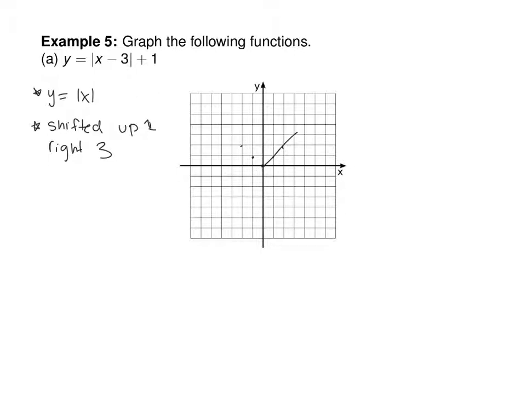You don't have to, but I think it's useful. So there is the parent and shift it up 1, right 3. Does it matter what order you do the shifts in? No, you can also go right 3 and up 1. It's the same thing. So up 1, right 3, and the graph retains the same basic shape.